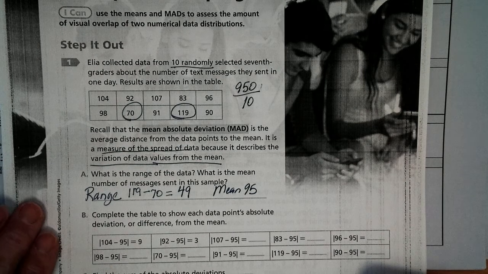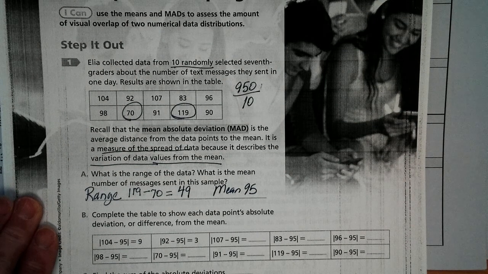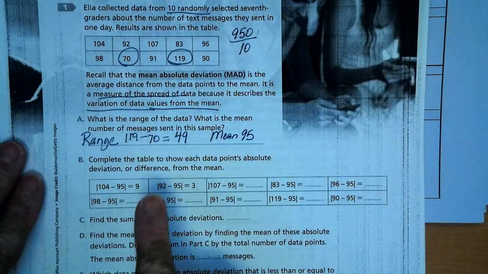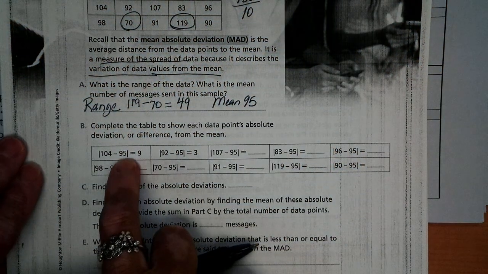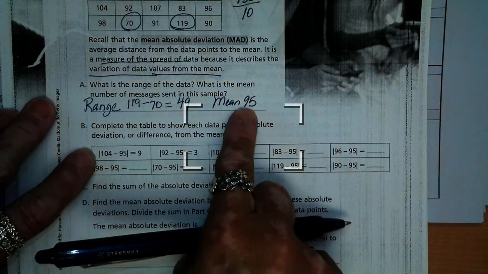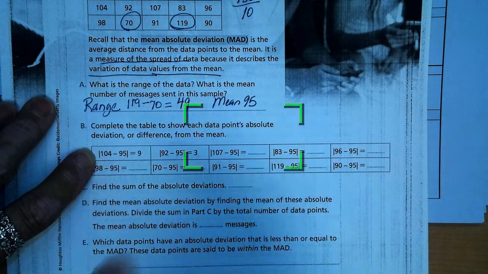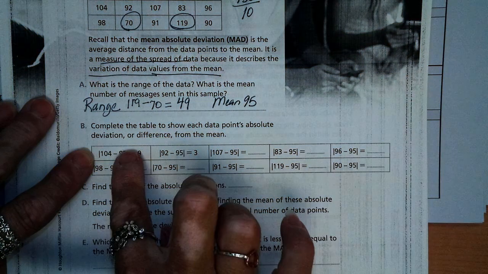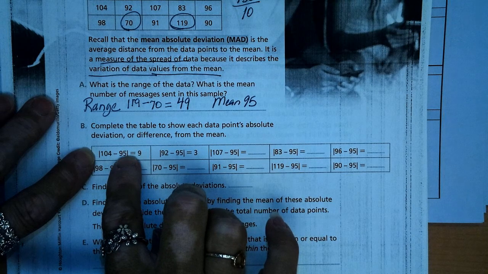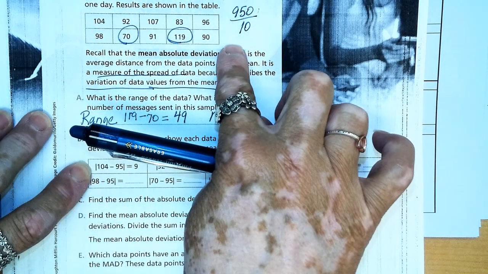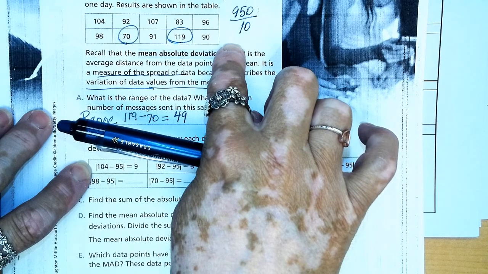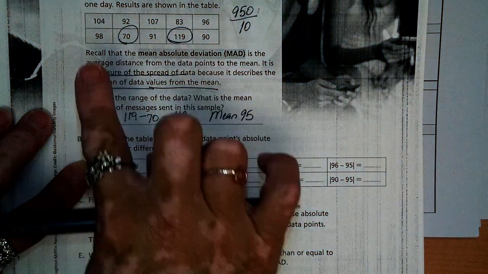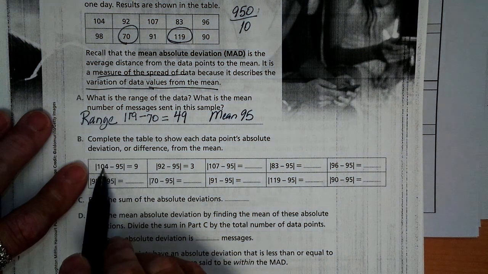All right, so when we find the mean absolute deviation, and that's why it's called absolute, we have to use the absolute value and we have to use the mean. So the first thing you have to do is find the mean, which is what we did. Then you subtract the mean from every data point. For example, my first data point is 104.